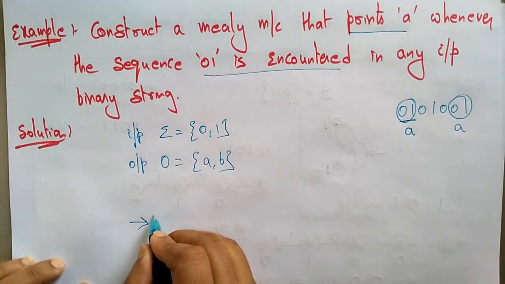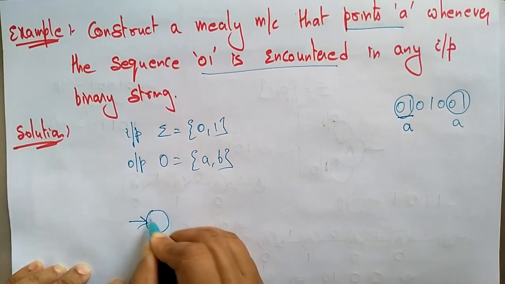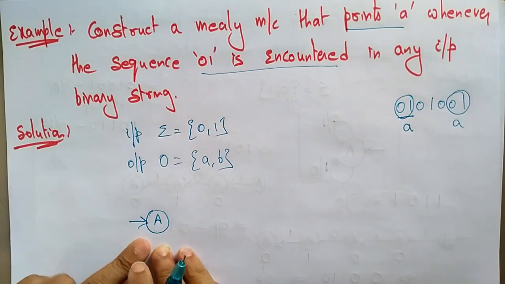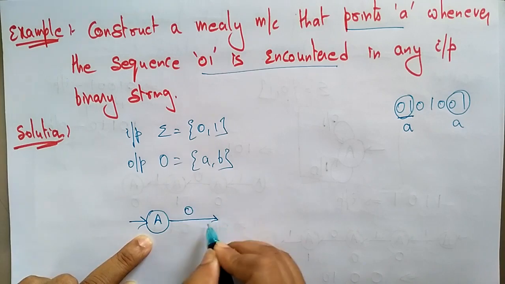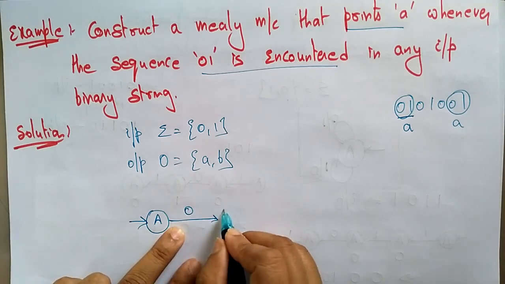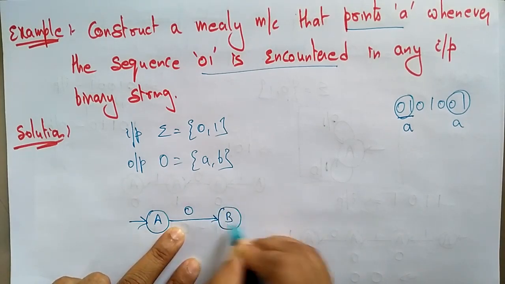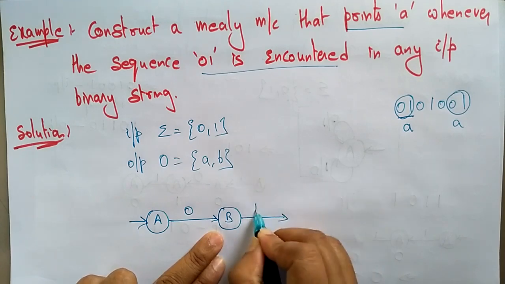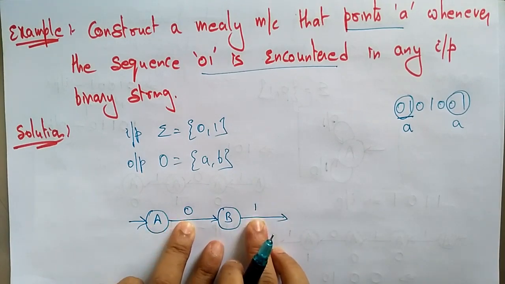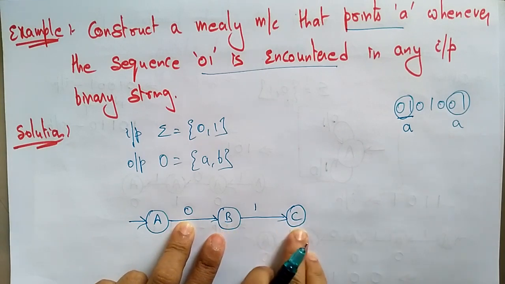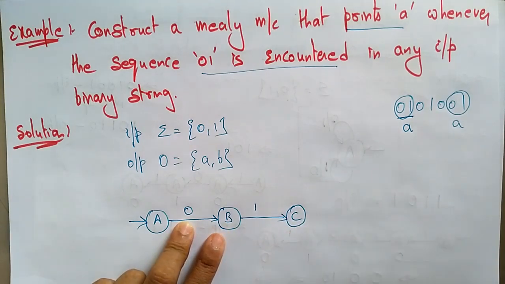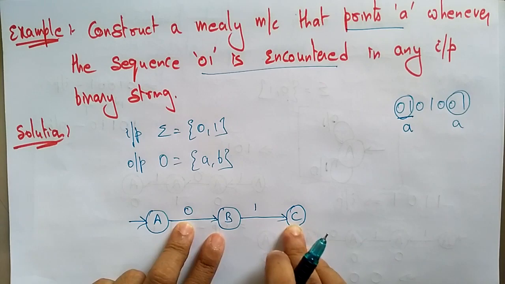So that gives 3 states. This is the start, let's say A is the initial state. On 0, 1, take B. Whenever the sequence 01 is encountered, let's take this as a final state C. Let us assume it is a final state, although in a Mealy machine there is no final state.